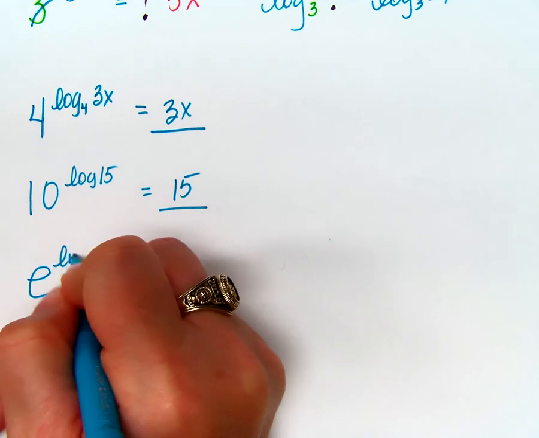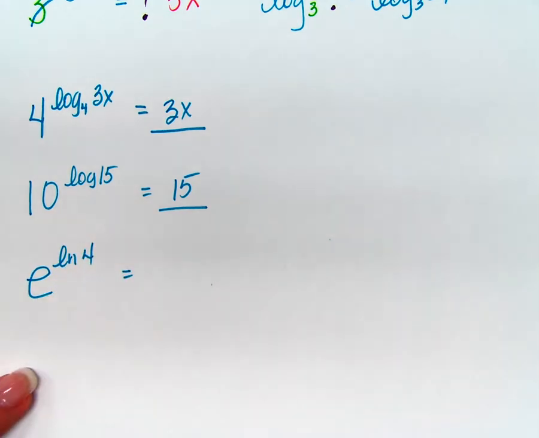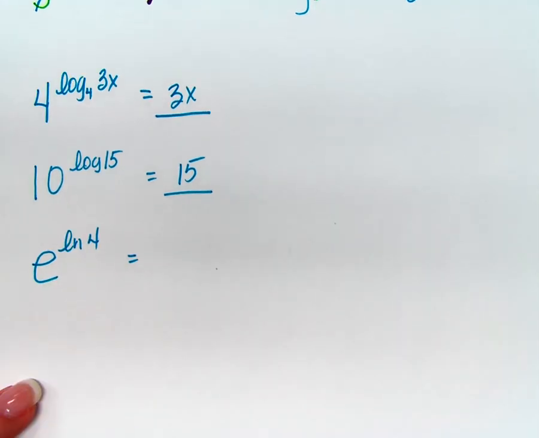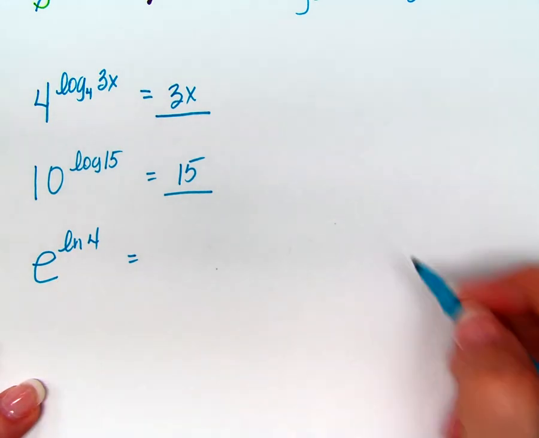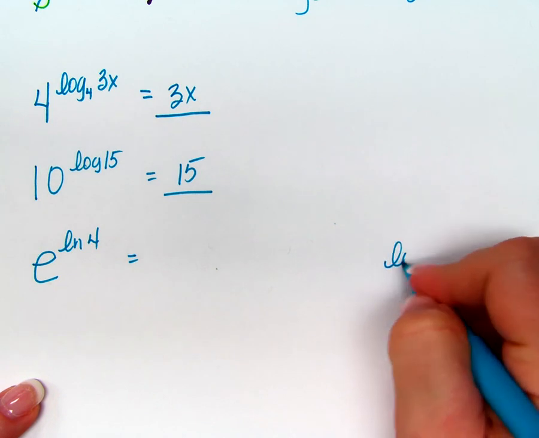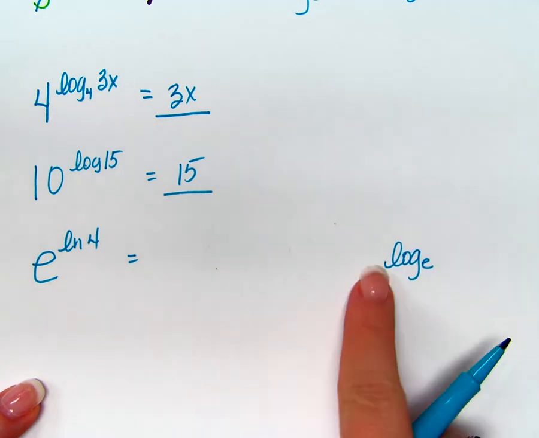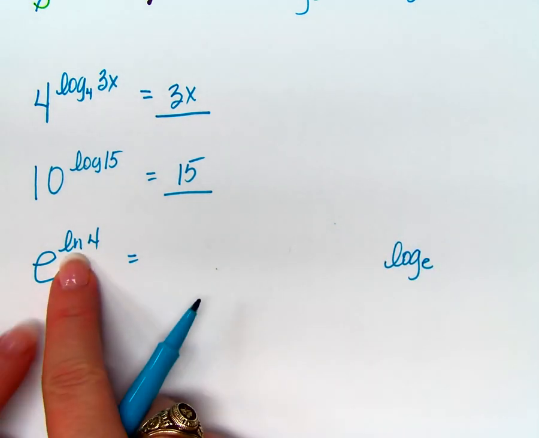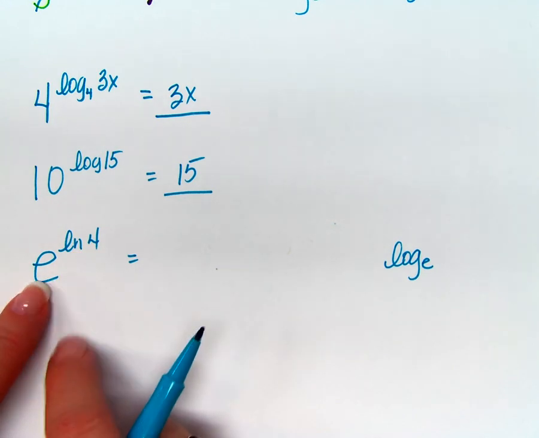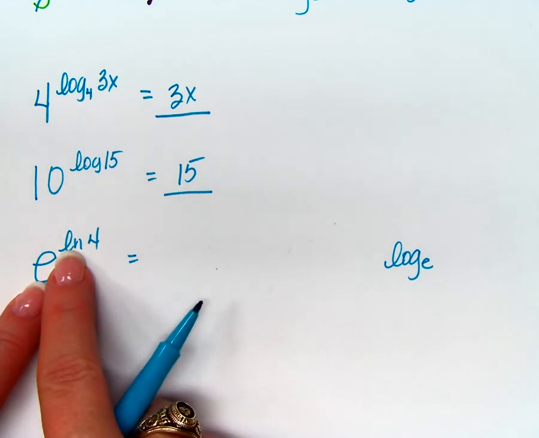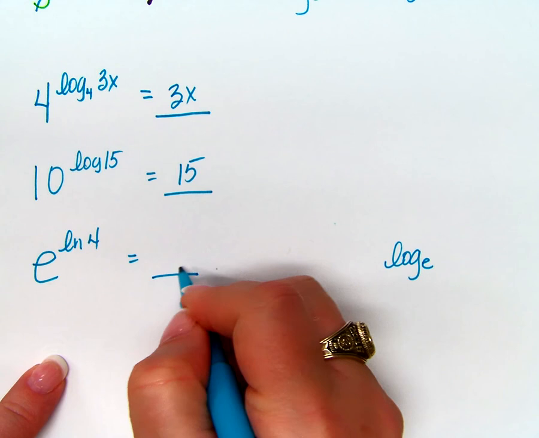E to the natural log of 4. We talked real quick yesterday about natural log. Do you remember what natural log is? Oh, it's log base E? We just don't write it like that. We write it like this. So are the bases the same? This base is E. This base is E. What's the answer? 4.